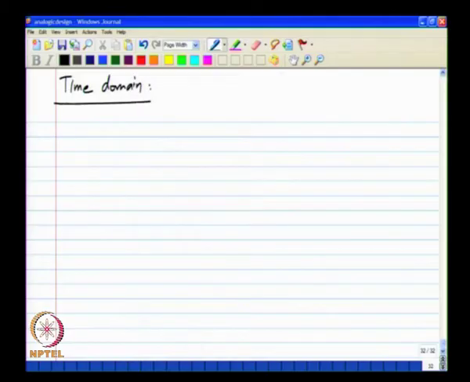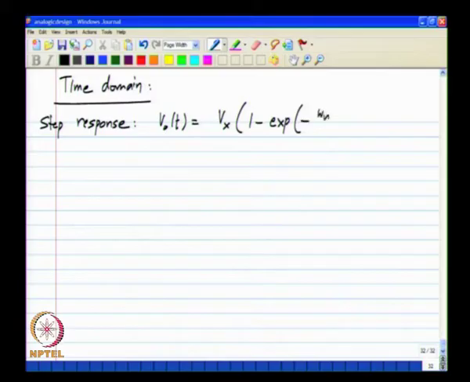In the time domain, we saw that the step response, that is if you have an input step going from 0 to Vx, the output as a function of time will be given by an exponential, and the time constant of this response is k by omega u.